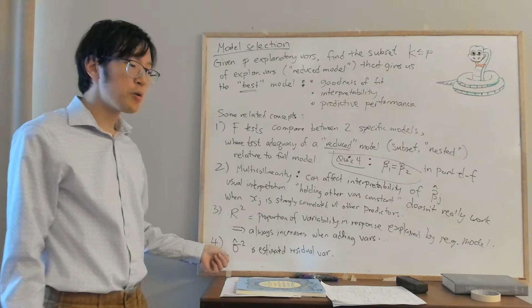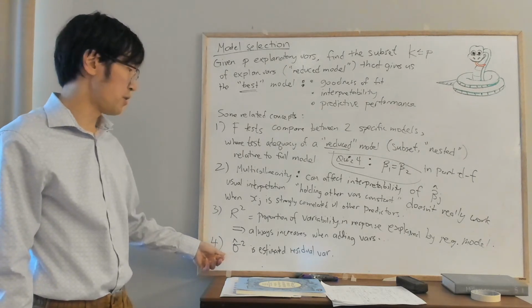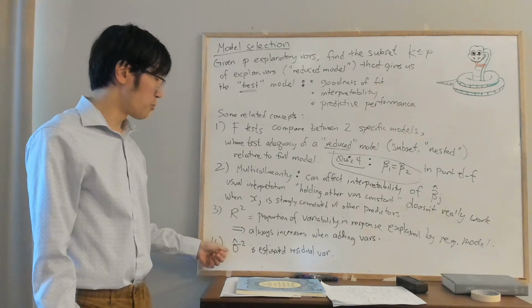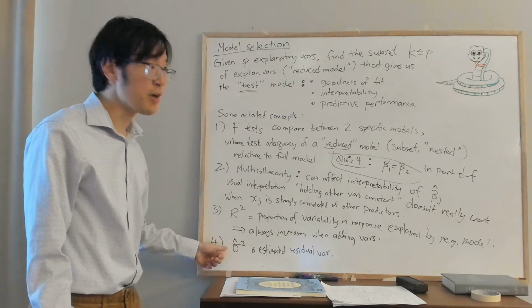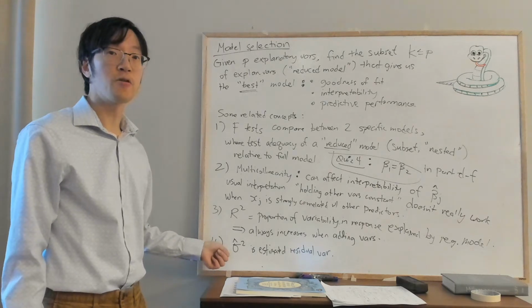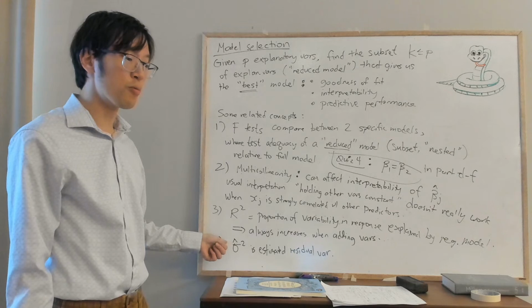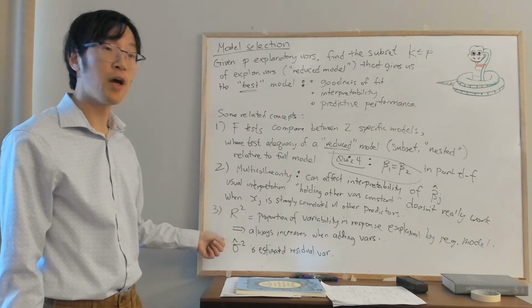So when do we use this value of sigma squared hat? Well, in a few cases. We often use it in the F-test, because remember, sigma squared hat is also the mean square residual, and so that plays an important role in our F-tests.